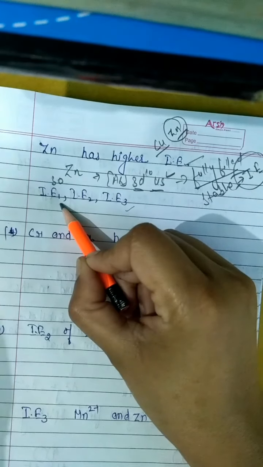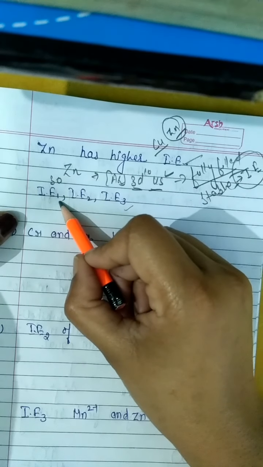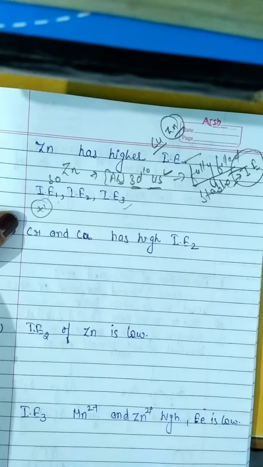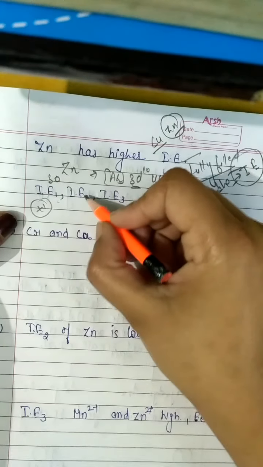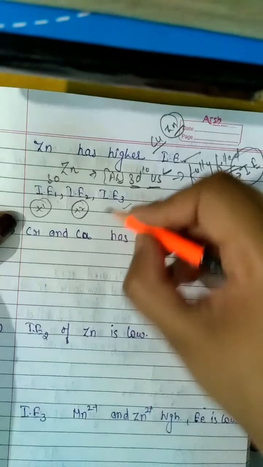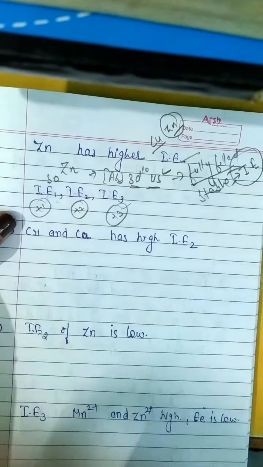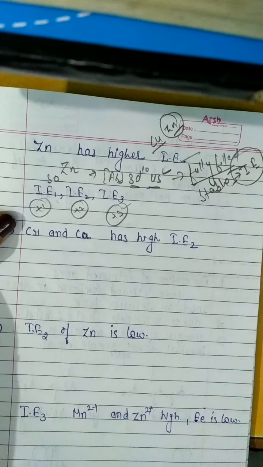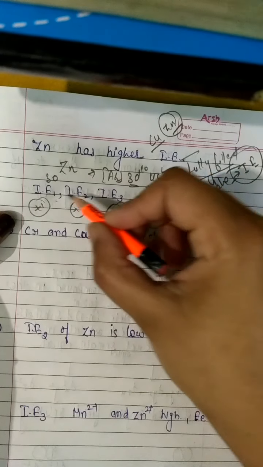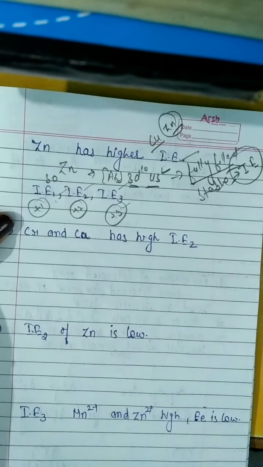IE1 means first ionization enthalpy. First ionization enthalpy means we remove one electron. In the case of the second, we remove 2 electrons. In the case of the third, we are removing 3 electrons from our outermost shell. So in those cases, they also show irregularities.